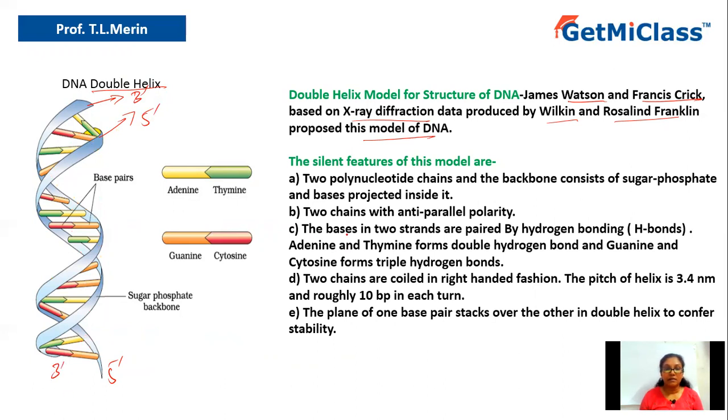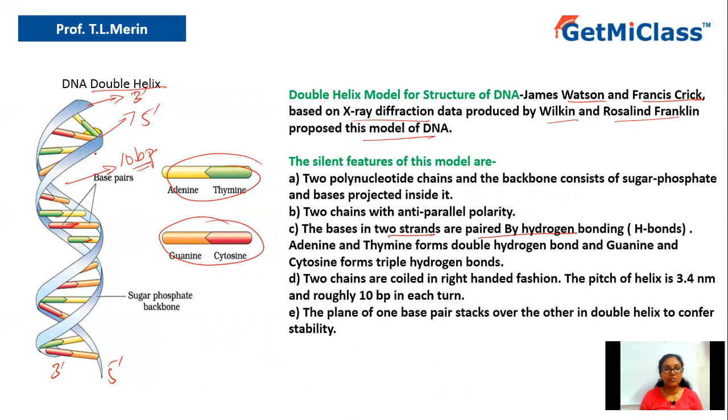Okay. Then the bases in two strands are paired by hydrogen bond. That we have already seen that the nitrogen bases are paired by what bond? Hydrogen bond. Okay. Then always adenine will bind with thymine, and guanine will bind with cytosine. Okay. Then each turn has approximately 10 base pairs.